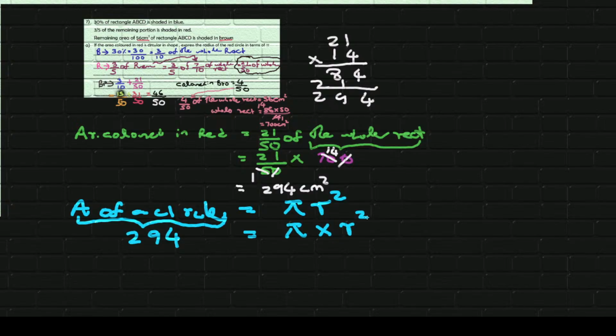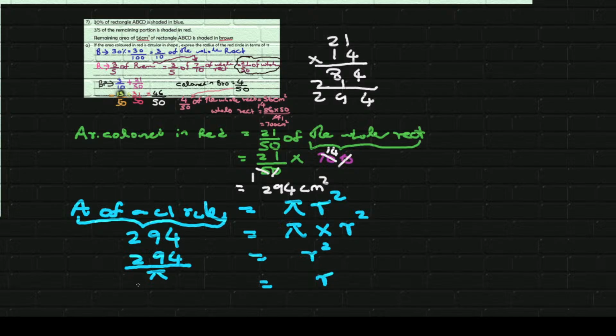So what is the radius then? r squared equals, let's try to isolate r. So let's put the pi to the other side. So it's 294 divided by pi. That's r squared, but what we need is not r squared, what we need is r. So how to find r? r equals, you've got to put the square aside.